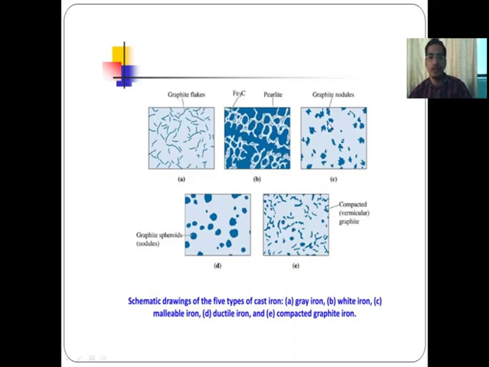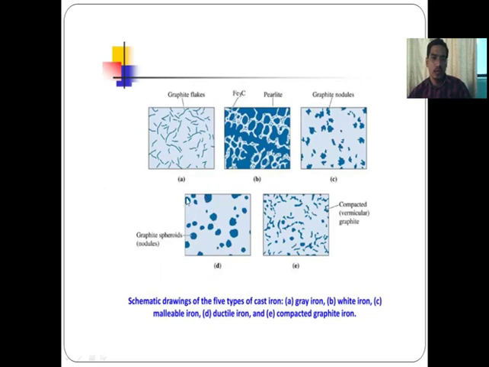Then the third one is malleable cast iron. The graphite nodules are there in the form of dark phase, and the bright phase can be considered cementite, or some amount of pearlite is also there. And then nodular cast iron, where you can see the graphite nodule surrounded by the white region, that is pearlite.